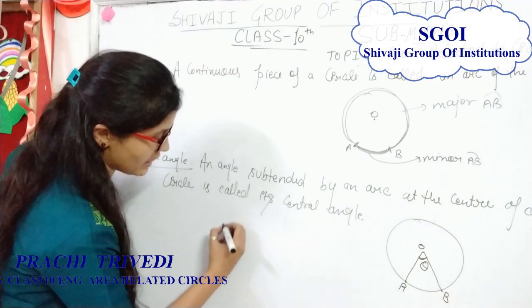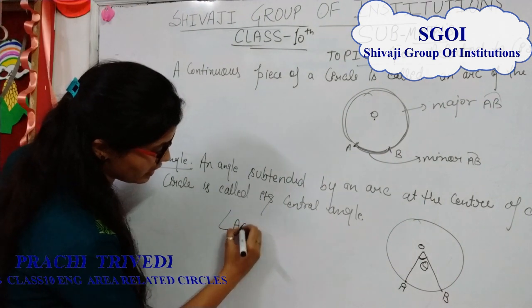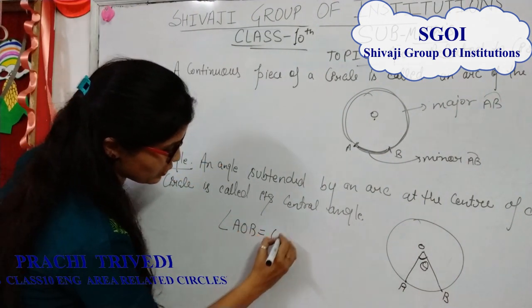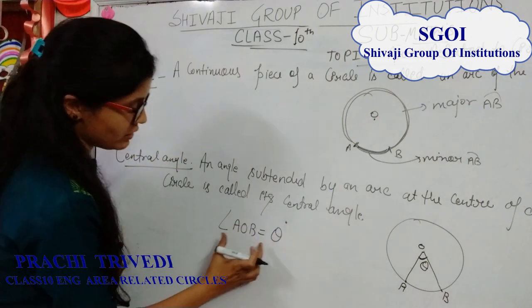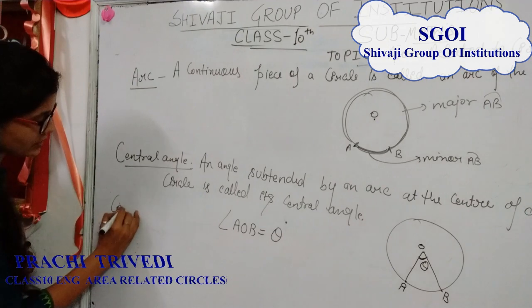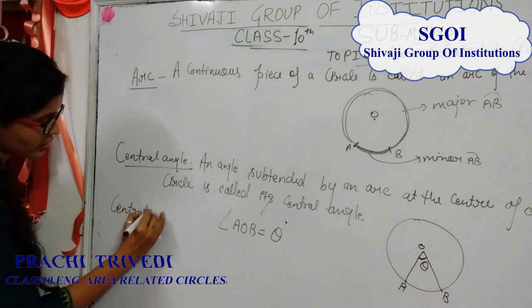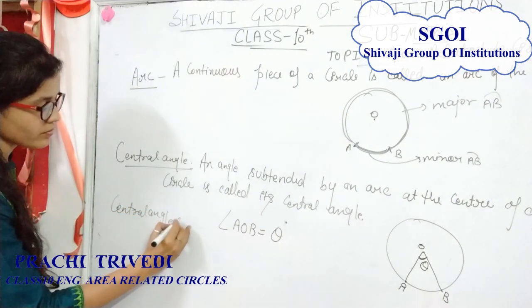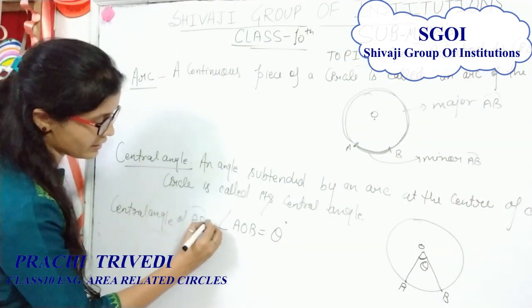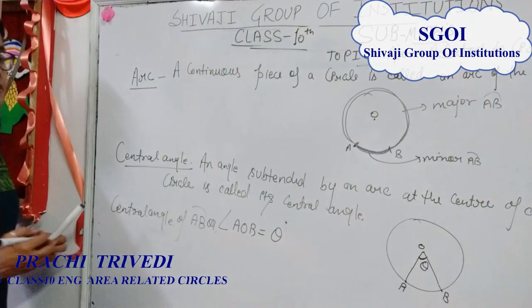Then we can say that angle AOB is equal to theta degrees, and this angle AOB is the central angle of arc AB. Clear?